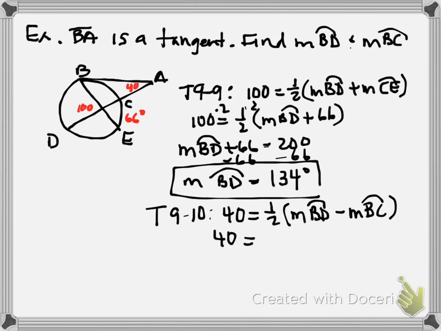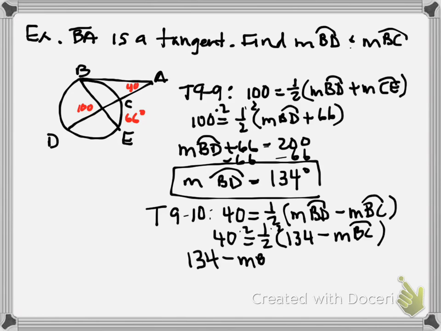So I've got 40, I get 1/2, and I now know 134 for the measure of arc BD. And then I start solving. So again, I'm going to do the same thing. I'm going to multiply both sides by 2, use the symmetric property, and I get 134 minus the measure of arc BC is equal to 80.